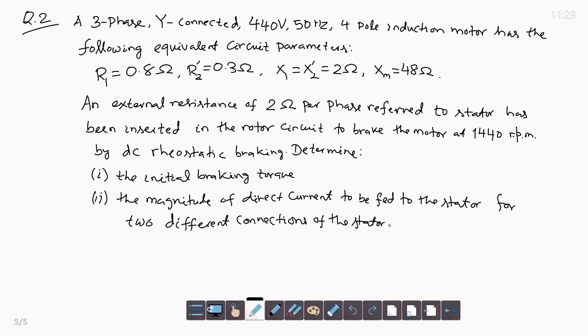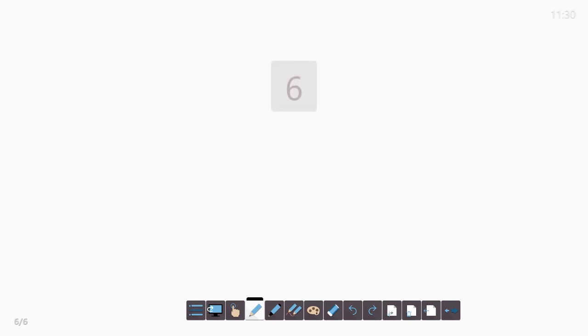R1 equal to 0.8 ohm, R2 dash is 0.3 ohm, X1 equal to X2 dash equal to 2 ohm, magnetizing reactance Xm is 48 ohm, and external resistance of 2 ohm per phase referred to stator has been inserted in the rotor circuit to brake the motor at 1440 rpm by DC rheostatic braking. Determine the initial braking torque and the magnitude of direct current to be fed to the stator for 2 different connections of the stator. We will solve this numerical on DC dynamic braking.